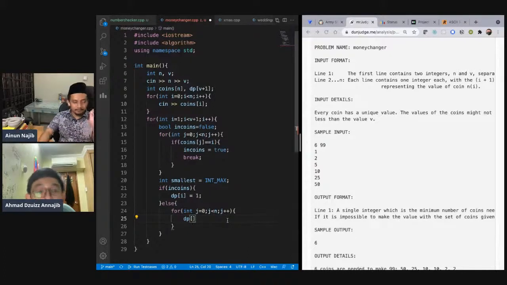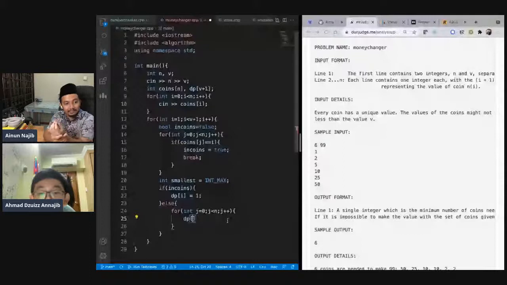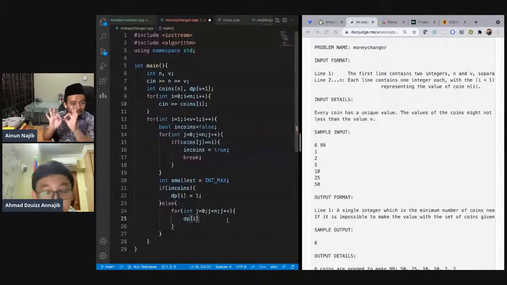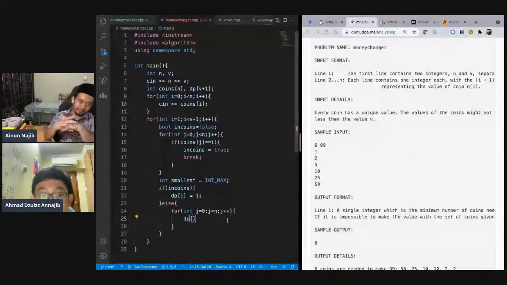Imagine if you just do dp i equal to min of dp i, comma, the new number. You can always do that, like x equal to minimum of x itself and another number. That way you will eventually get the minimum, but for that to work you need to initialize dp with the largest number possible. So your min will always work.